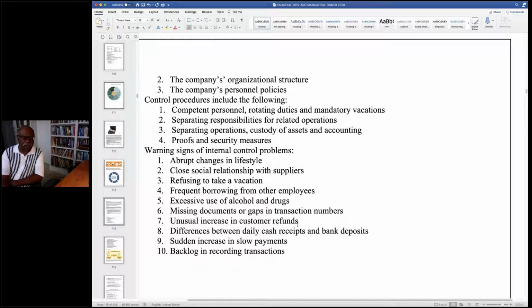These are all areas. Now, I had a student who was a salesman, and she said that she would get a commission every time she sold something. And so she began to get friends and relatives to come in and buy things.